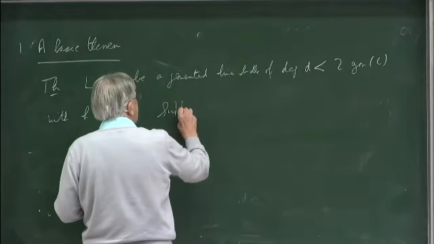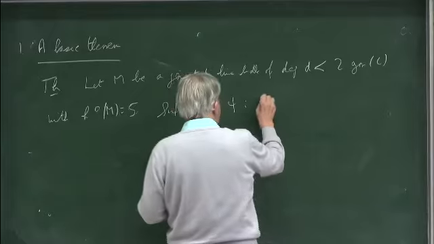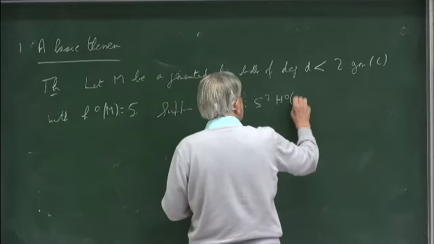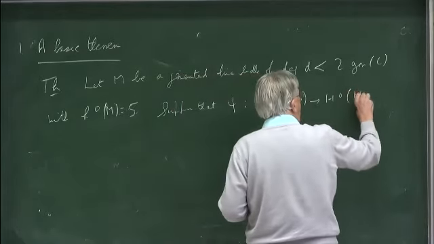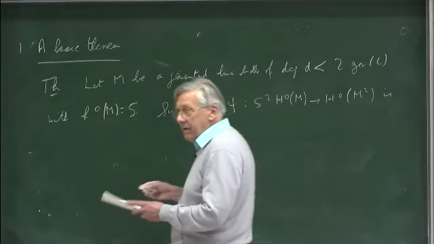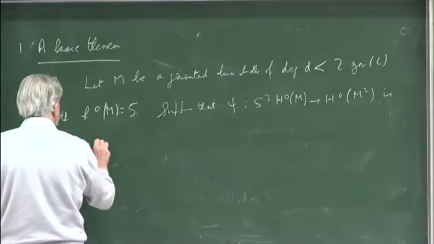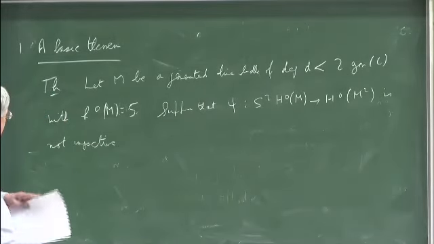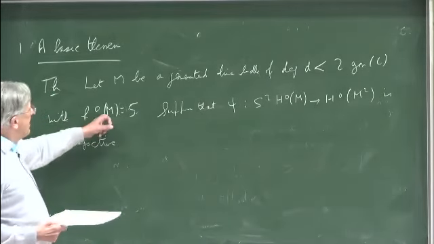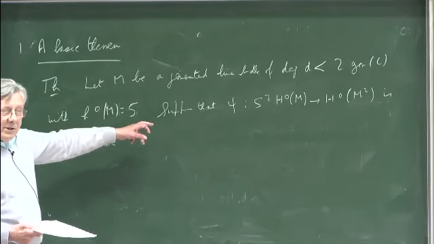Suppose that psi from S^2 H^0(M) to H^0(M^2) is not injective. That means that if we use the sections of M to embed the curve in P^4, the image is contained in a quadric.